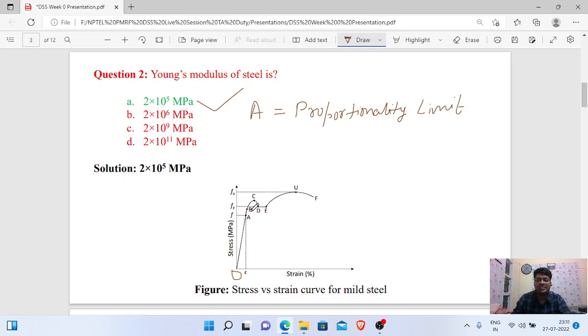Now this point B is the elastic limit. Let me write it for you.